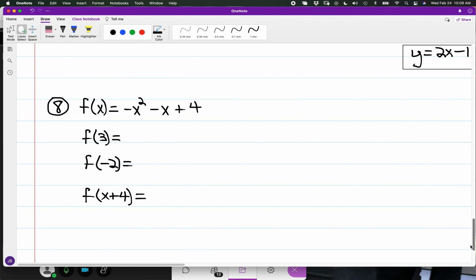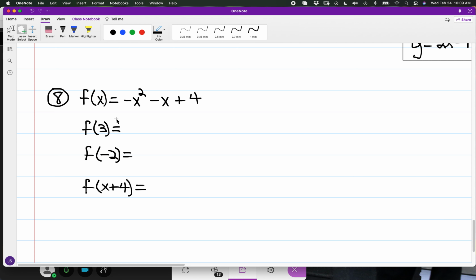Alright, so you have the given function f of x, negative x squared minus x plus 4. Let me mention now, you got the negative of x squared, and this is not going to be the same as the square of negative x. Like negative x times negative x will be positive x squared. So think of this like -1 times the square of the input.